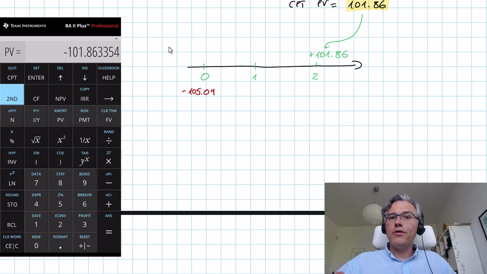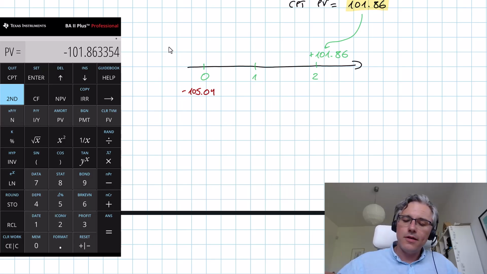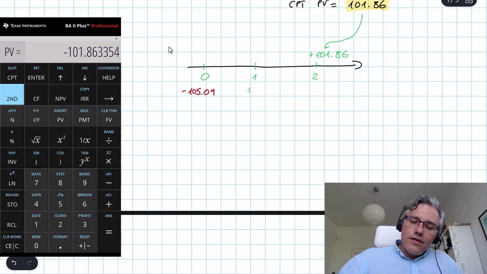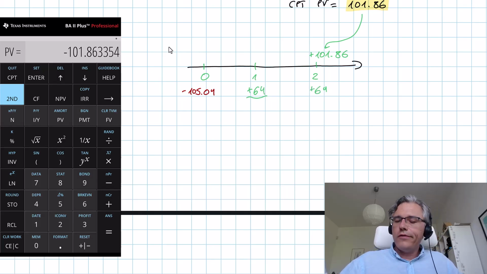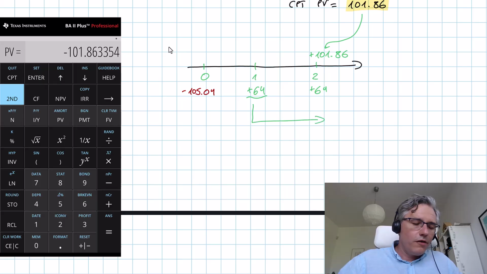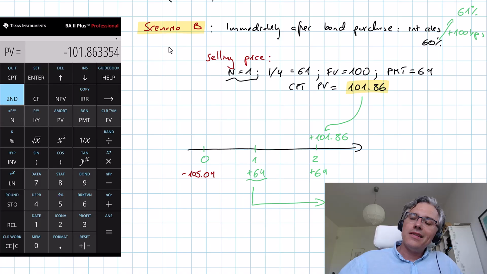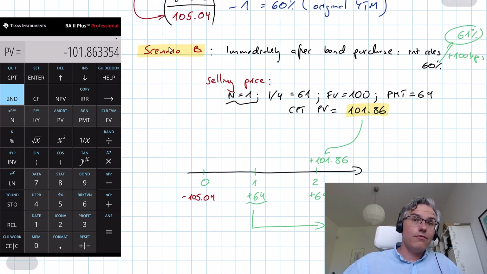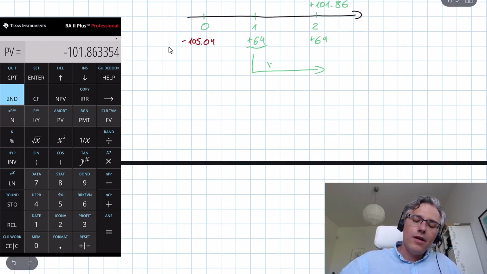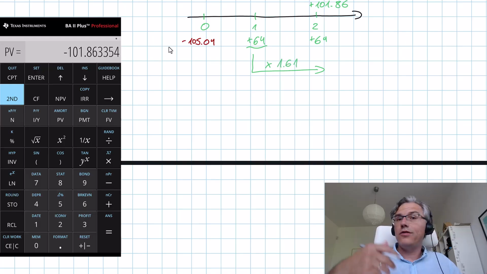That purchase was made when the yields were 10%. However, this time around, the year 1 coupon, by virtue of being reinvested at a slightly higher interest rate, one of 61%, will have had an opportunity to grow to a higher amount.